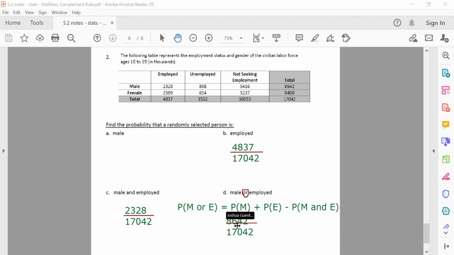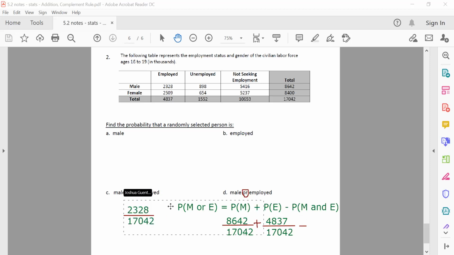I'm going to come steal this piece. That's the probability of being male. Probability of being employed is 4837 over 17,042. We're going to add them. And then by doing this, we've double counted the group of males who are also employed. So we have to subtract off one instance of it using that formula.